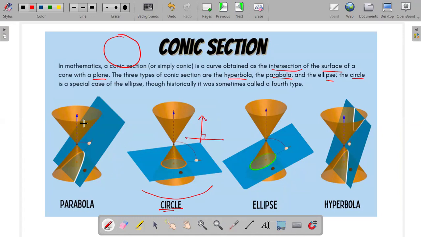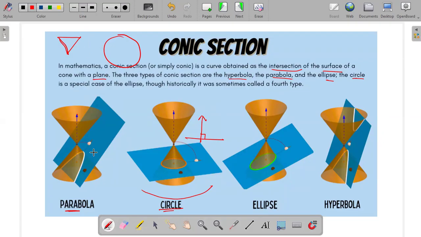Then you have the parabola. The way I am explaining them is how we'll look at them in detail. That is this class, the circle; the next class that will be shared is going to be looking at parabolas. Now, when this plane cuts this cone parallel to the side of the cone, if it was in 2D, your cone would look like a triangle.